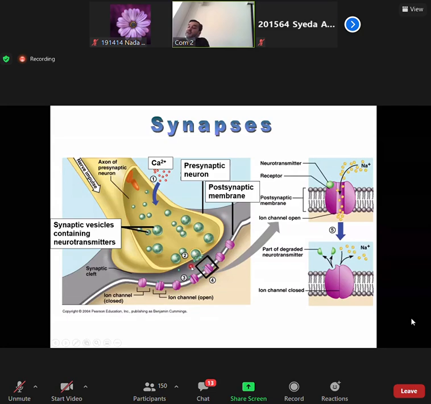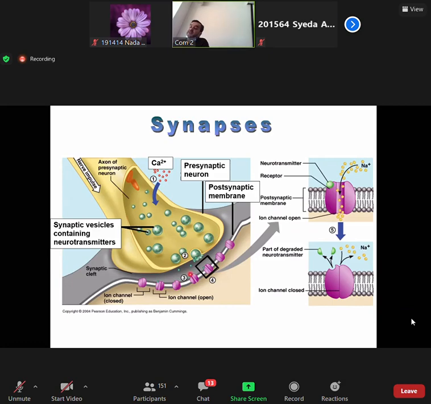Once these neurotransmitters are released, they are going to bind to the receptors on the postsynaptic membrane. If they are excitatory neurotransmitters, this will result in opening of the sodium channels, which will result in the generation of action potential in the postsynaptic membrane.